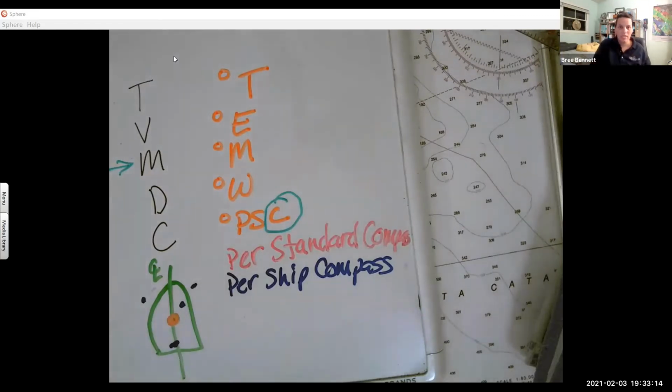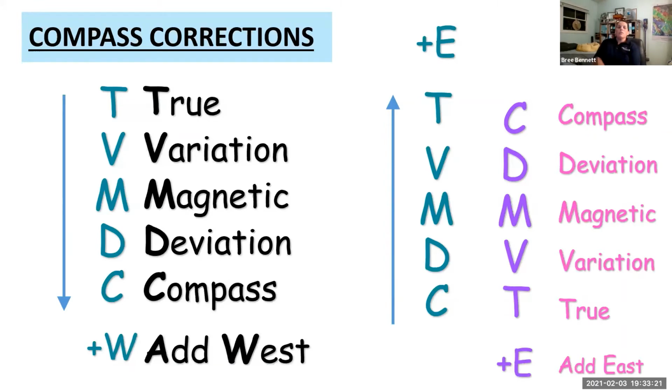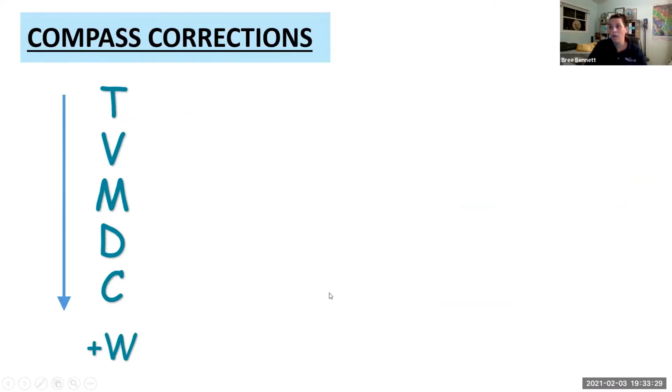Okay. Let's go back to PowerPoint. Okay, so how do we remember what this formula is, what all I'm blabbing on about? We have poems. We try to make things simple for our sailors, right?